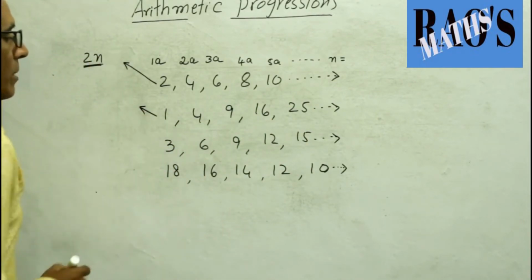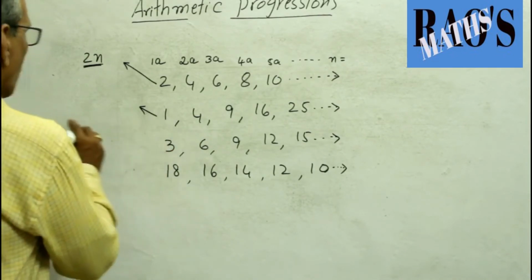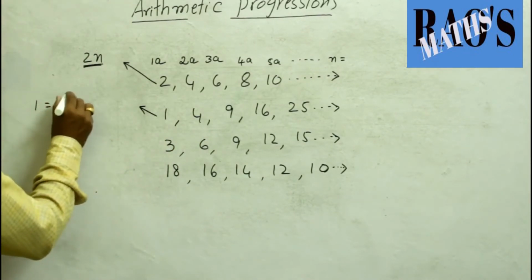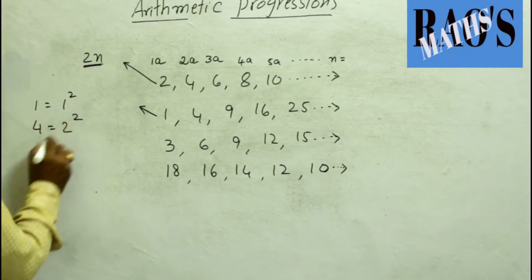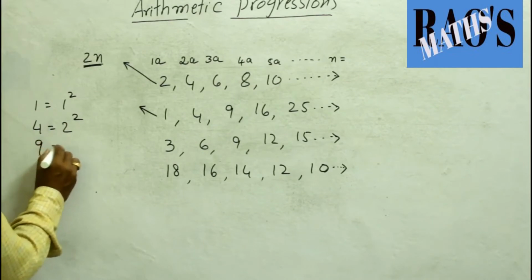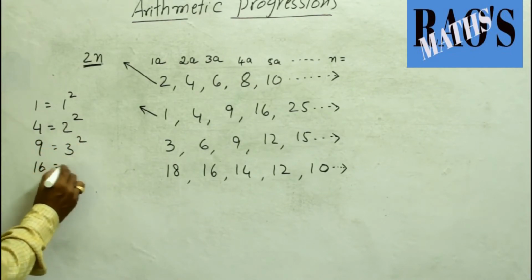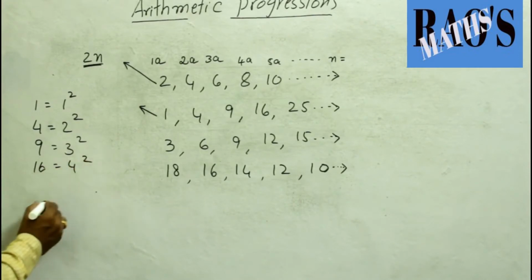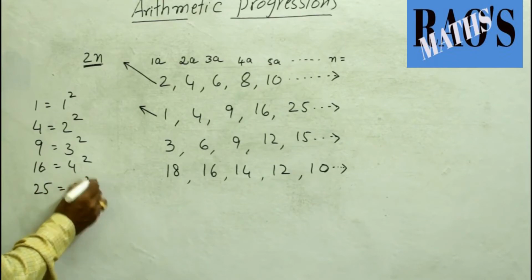Here each member is the square of the natural numbers. So 1 is equal to 1 square, whereas the second number is 2 square, the third member is 3 square, the fourth member is 4 square, and the fifth number, that is 25, is 5 square.